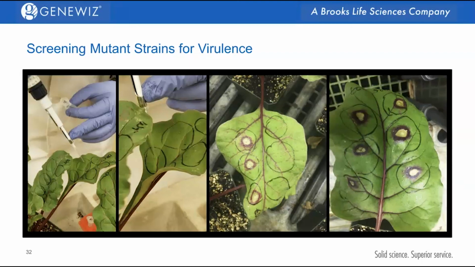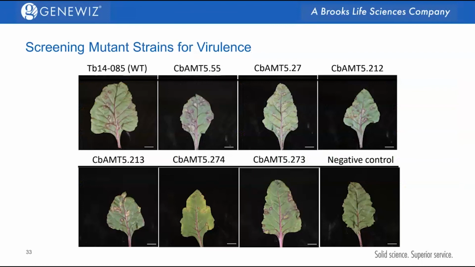So I repeated this for about 1169 mutant strains. After doing this droplet infection, just to make sure these strains are indeed avirulent or hypovirulent, I also decided to spray onto these leaves, and this confirmed whether these are truly avirulent or whether there was some inoculation effect.